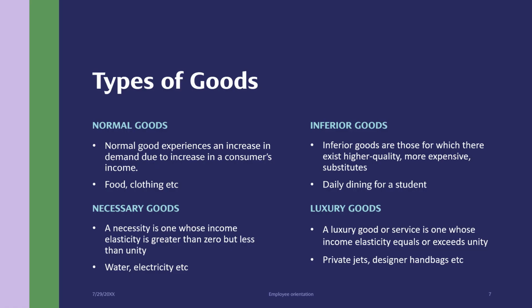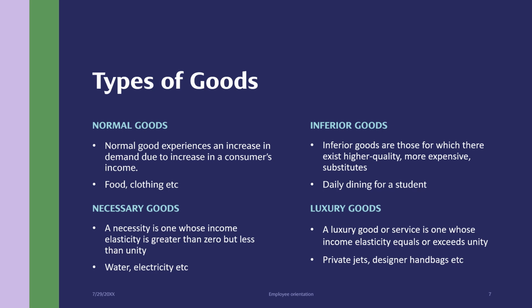So now we talk about different types of goods in the market. First is normal goods. Normal goods experience an increase in demand due to an increase in a consumer's income, right? Like food, clothing. Now inferior goods are those for which there exist higher quality, more expensive substitutes. Like suppose daily dining for a student is very expensive, so it's a kind of inferior service to him, right?